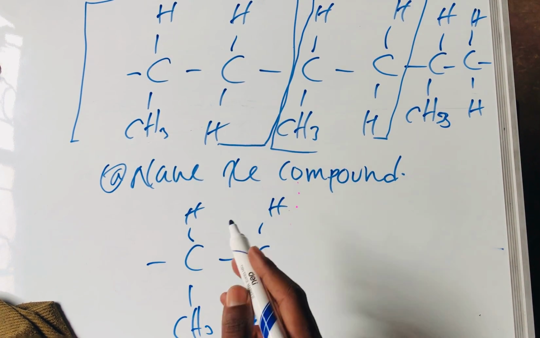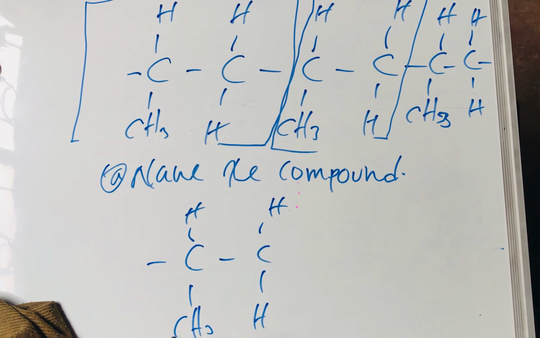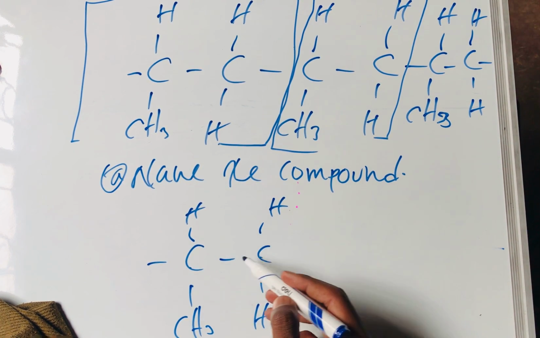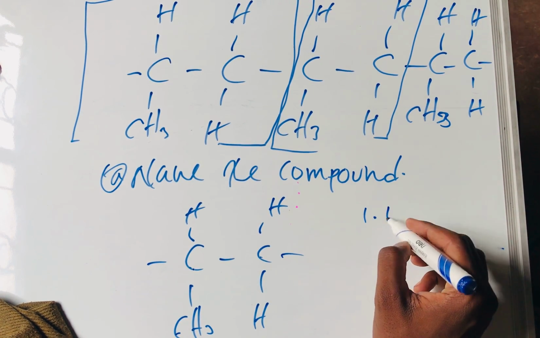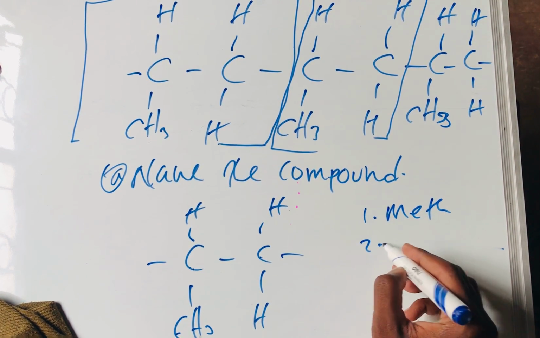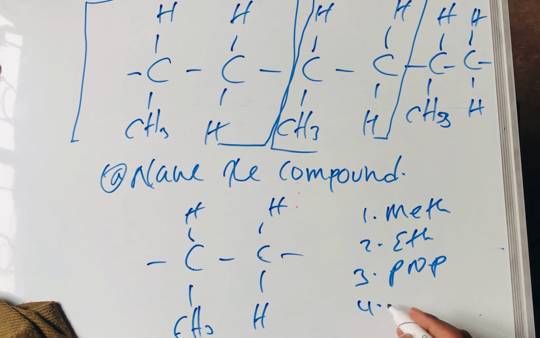How do we name this compound from this repeating unit? All we are going to do is count the number of carbons we have. 1, 2, 3. We've got 3 carbons. Remember, number 1 is meth, number 2 is eth, number 3 is prop, number 4 is but, number 5 is pent, and so on.